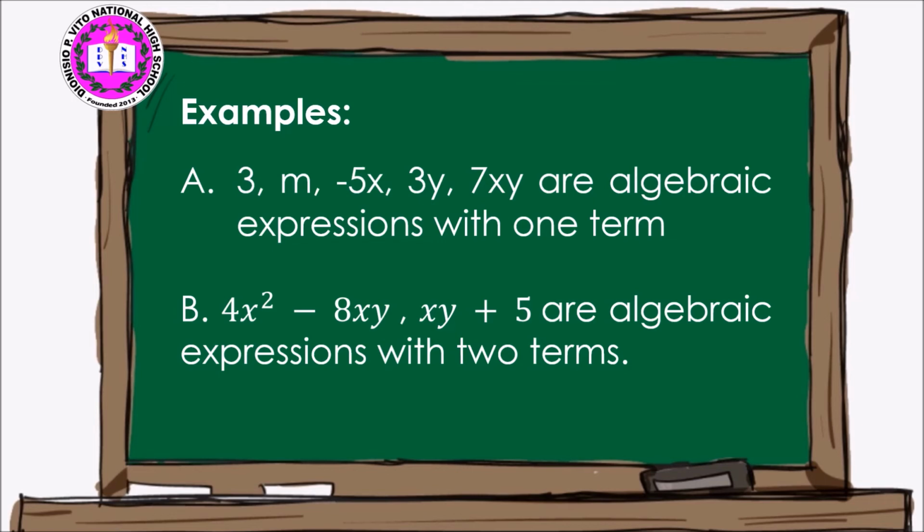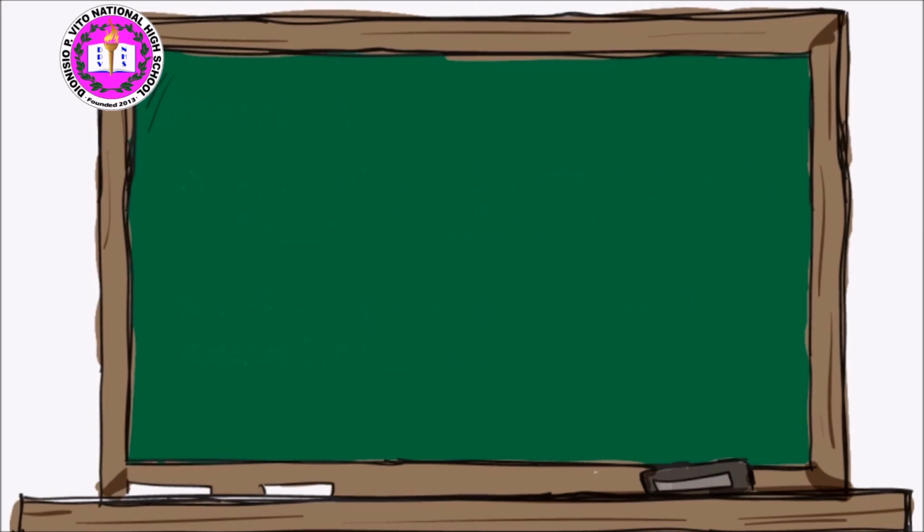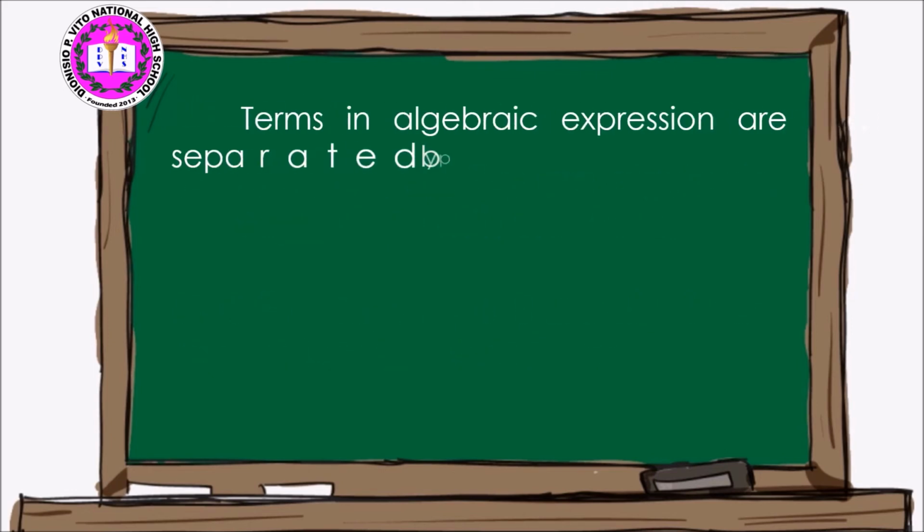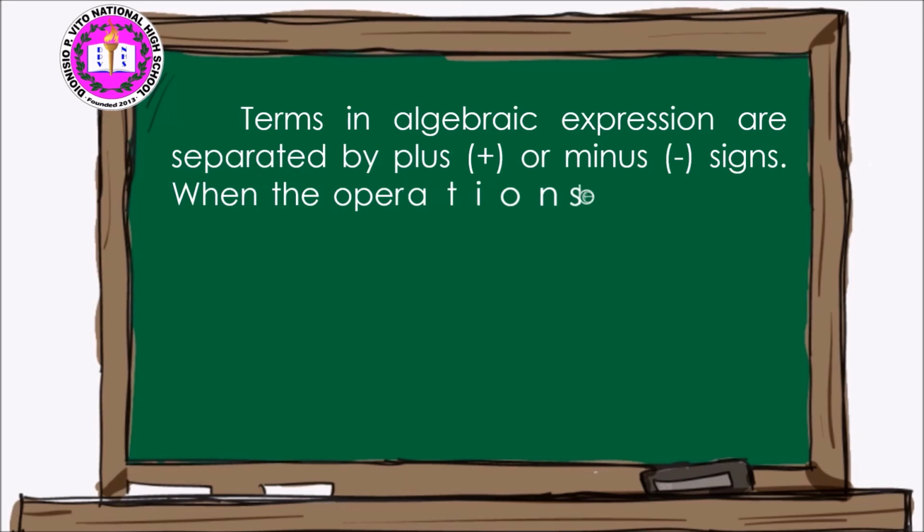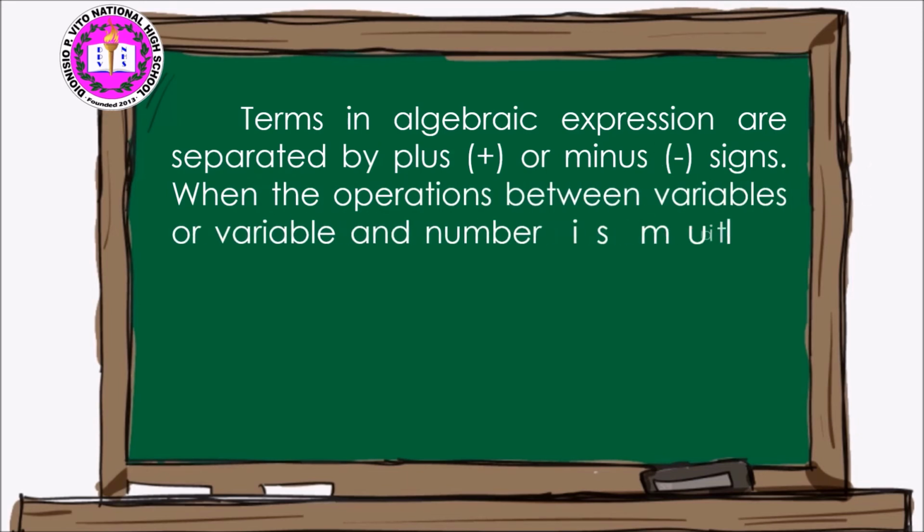Next example, we have 4x squared minus 8xy and xy plus 5 are algebraic expressions with two terms. Terms in algebraic expression are separated by plus or minus signs.